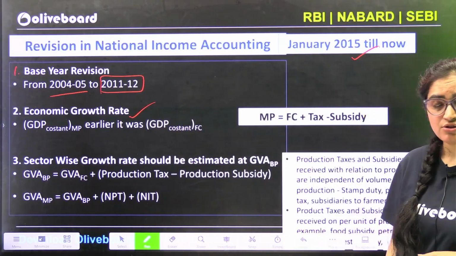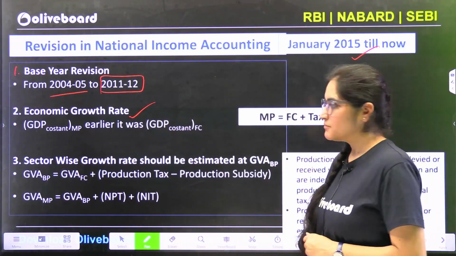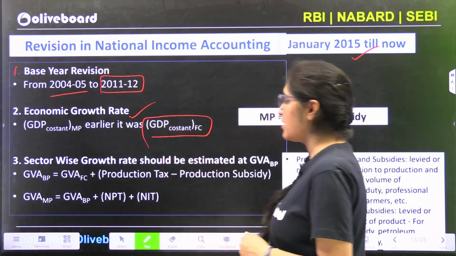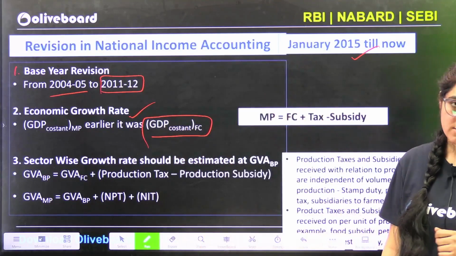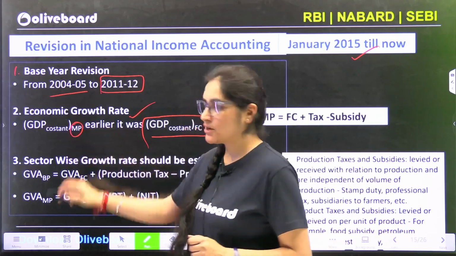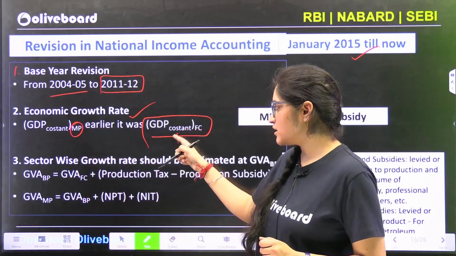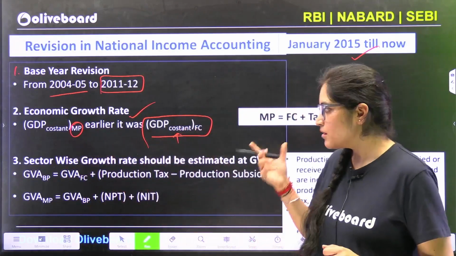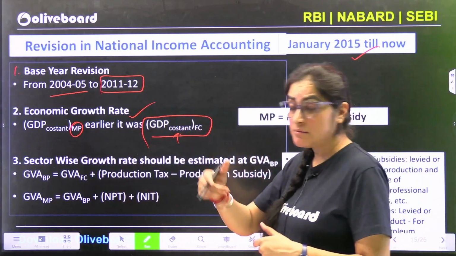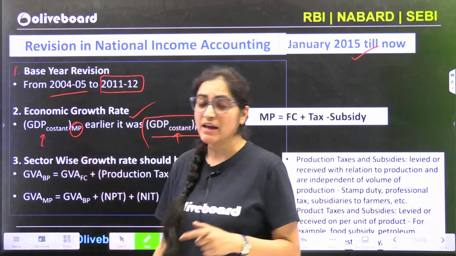Earlier we were using GDP, gross domestic product, at factor cost. But now what we are going to calculate is GDP at market price. I'll tell you about this in a bit, but till then, GDP at factor cost was what we were considering earlier, but now we are calculating GDP at market price.